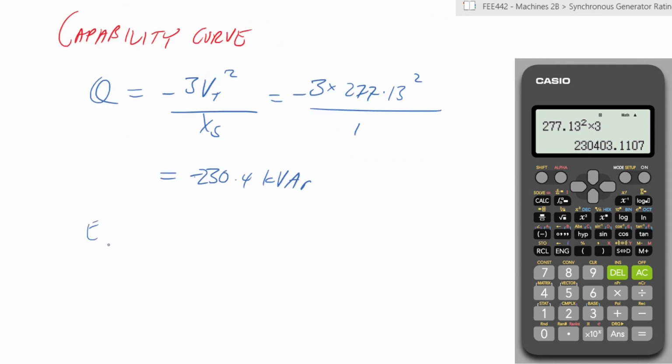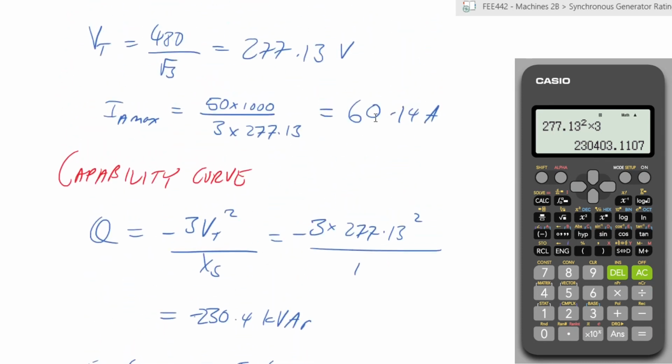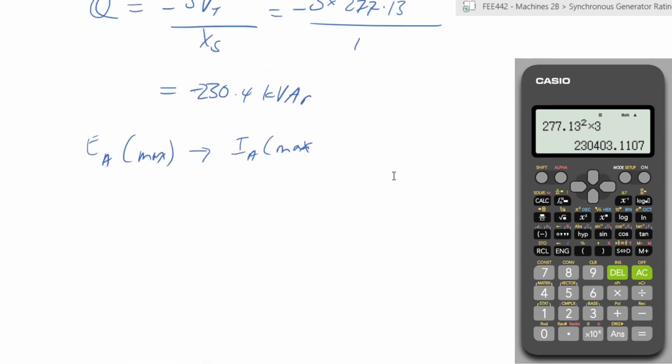So now EA maximum will occur when IA is also maximum, which we had indicated here earlier. So it is 60.14, right? At this instant, you will have EA and IA looking like that, right?